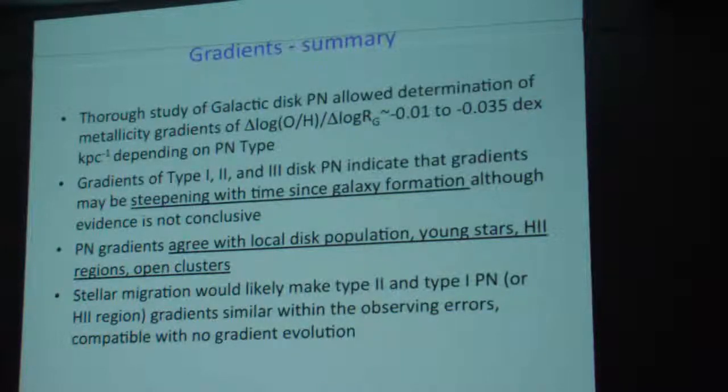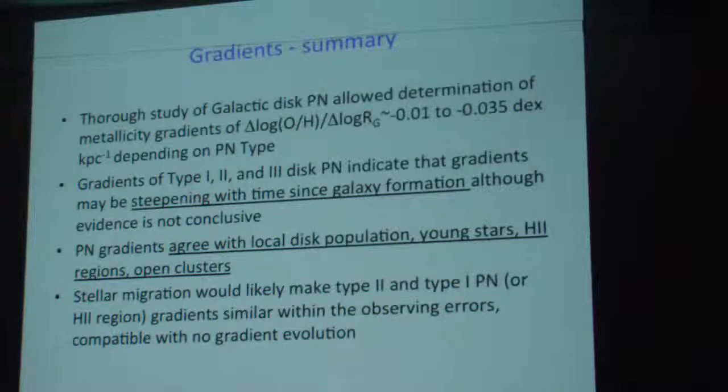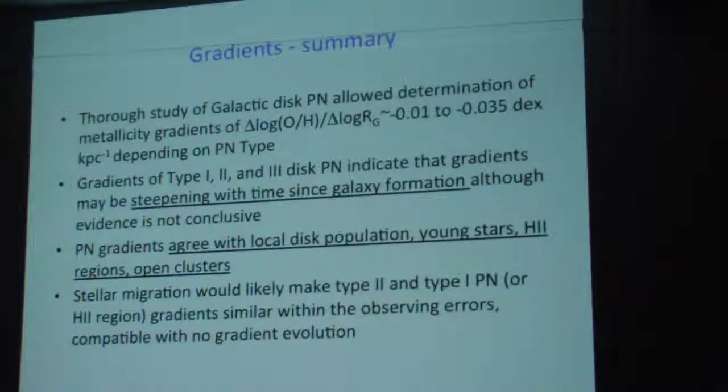So let me summarize quickly. We have done a thorough study of galactic planetary nebulae, which allowed determination of metallicity gradients, measured as log oxygen versus radius, of about minus 0.01 to minus 0.035 dex per kiloparsec, and that depends on planetary nebula type according to the separation.